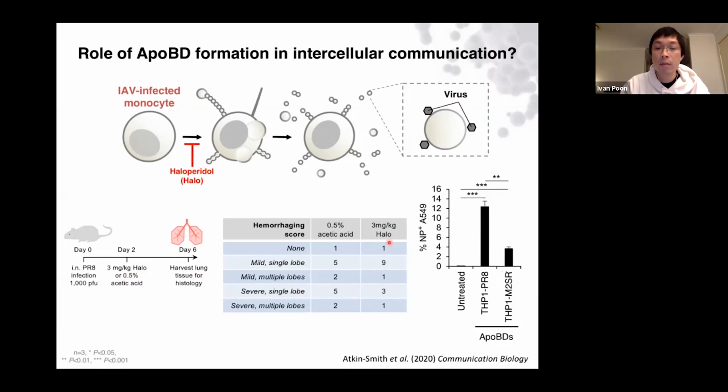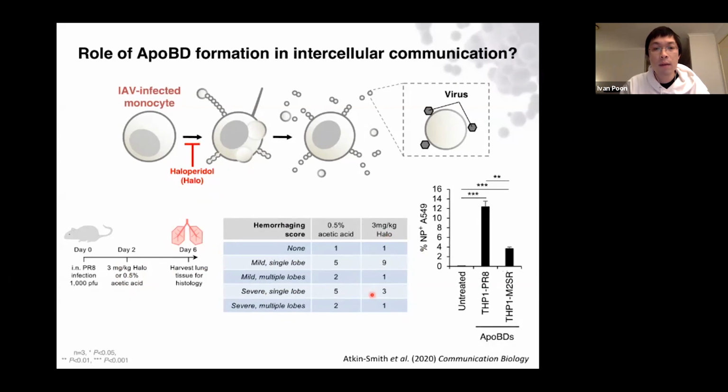Mice treated with the drug that could potentially block the disassembly process seem to do a little bit better, with less hemorrhaging. But right now, the data is pretty modest because realistically, we can only use a certain concentration in vivo, and it's not blocking it as well. Hence, the effect is not as dramatic.